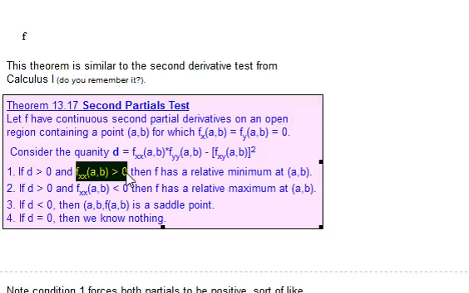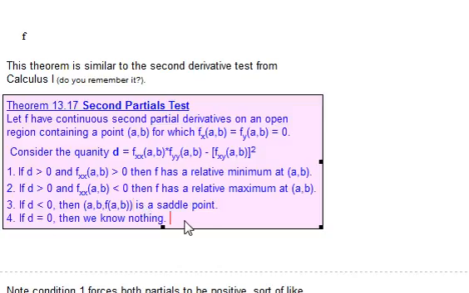So you think of the first as saying it's concave up in the x direction if you want. And then if d is negative, then the point (a, b), f of (a, b), is a saddle point.